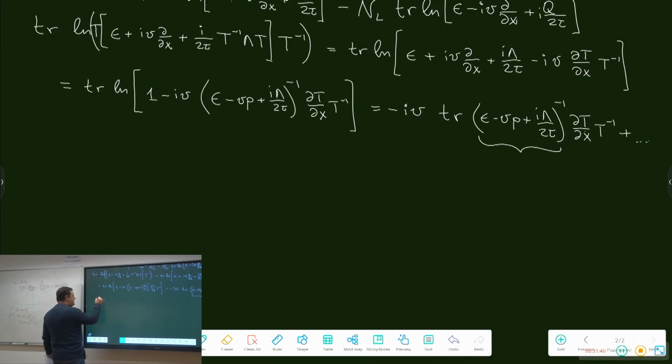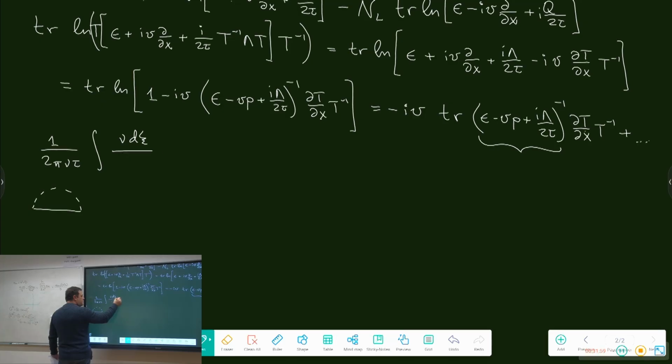Just a reminder: 1 over 2 pi nu tau, this is an impurity line, it's this diagram, times the integral nu d psi of 1 over energy minus psi plus or minus i over 2 tau, retarded or advanced function.